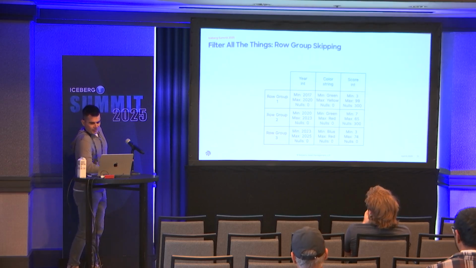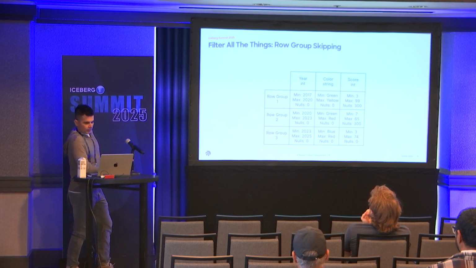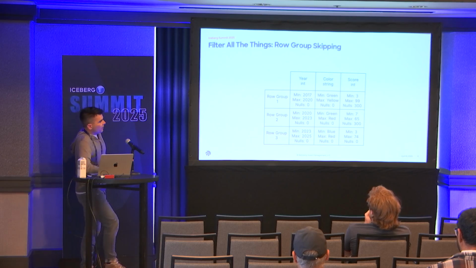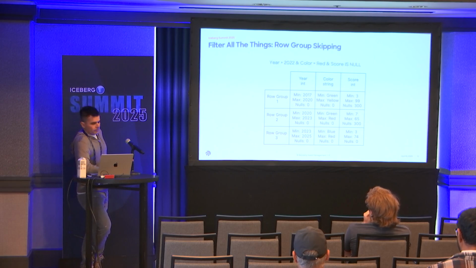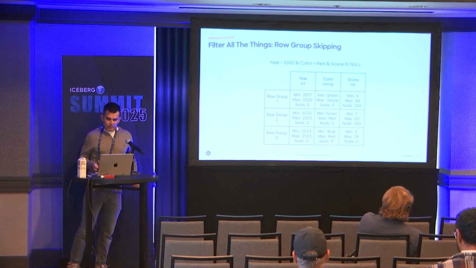So the row group metadata in the Parquet footer contains statistics on each column for each row group, and so you can apply the query filter predicate to the row group statistics in order to determine if any rows in that row group can possibly match the predicate.